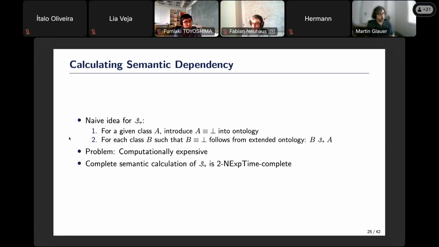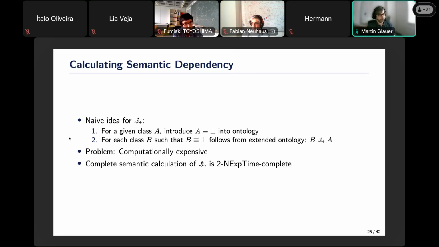For example, for emptiness dependence, one could just use reasoning by introducing, for a single class A, a new axiom into the ontology that says A is equivalent to bottom, and then use a reasoner to derive all classes B that are now also equivalent to bottom, and then we know that B emptiness-depends on A.